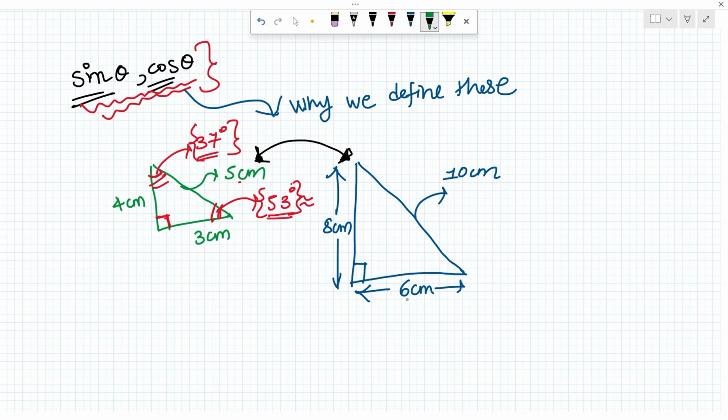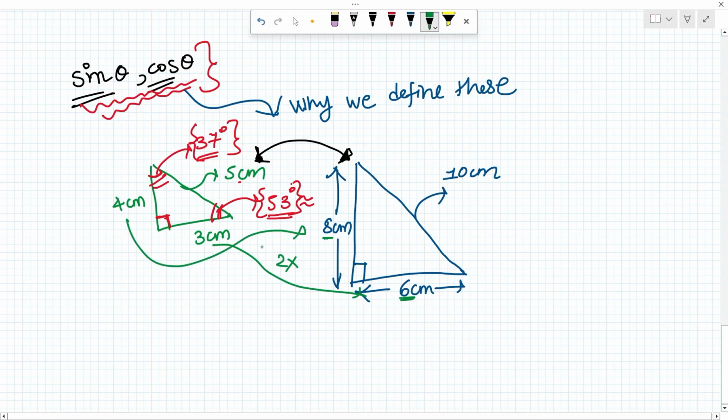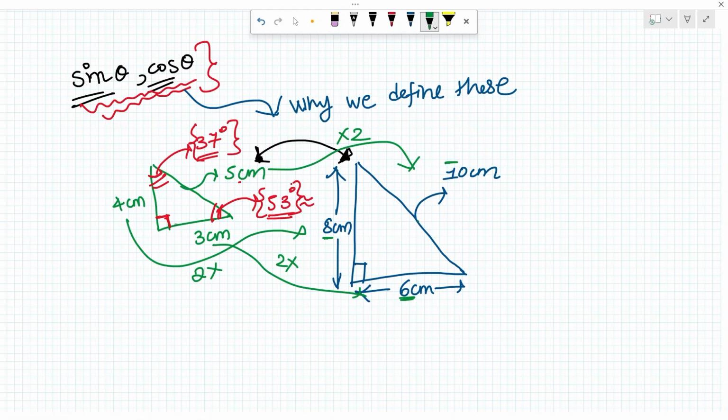If you observe, this 6 is just double of 3. This 8 is just double of 4. And this 10 also is just double of 5. So what that means is this right angle triangle is just a magnified version of the first one.